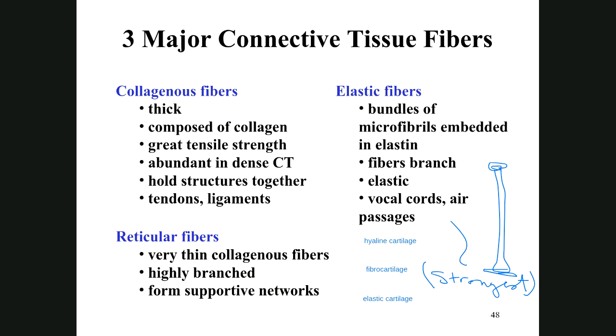The elastic cartilage is the one that gives you elasticity. The epiglottis and vocal cord are examples that are elastic, also the pinna of the ear. Elastic fibers are important for that.